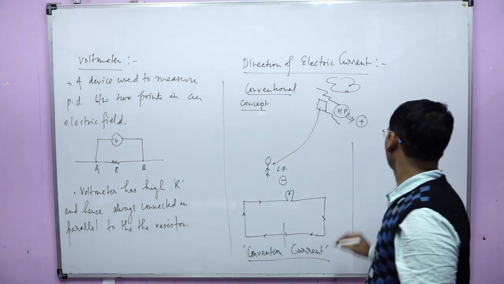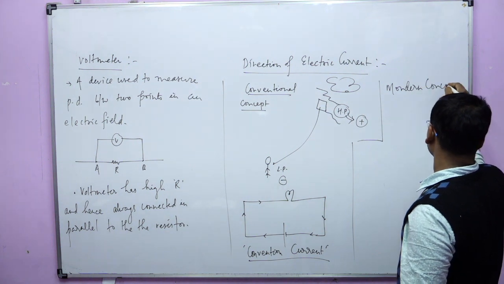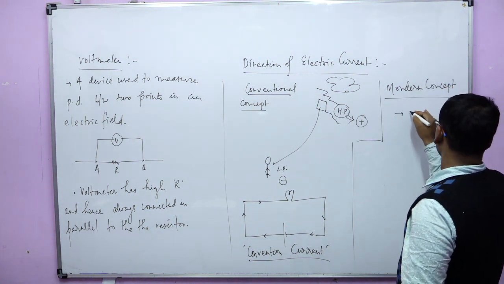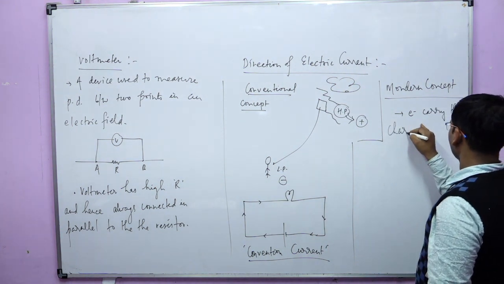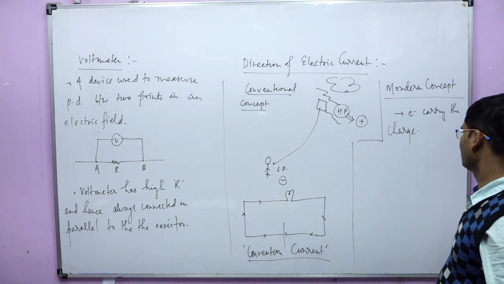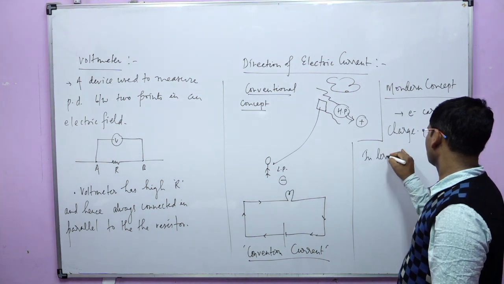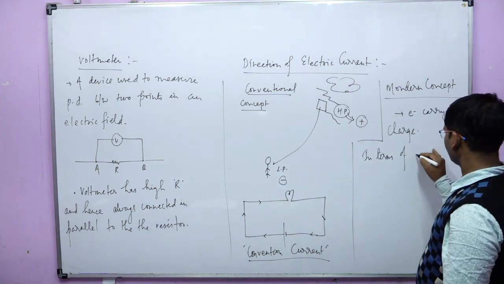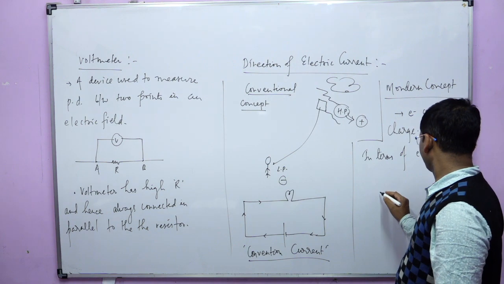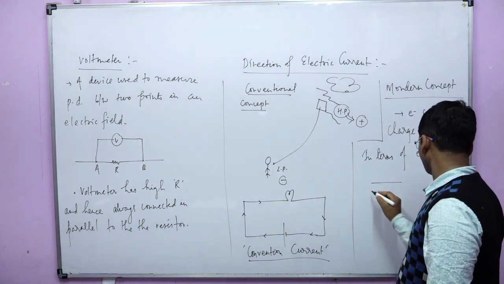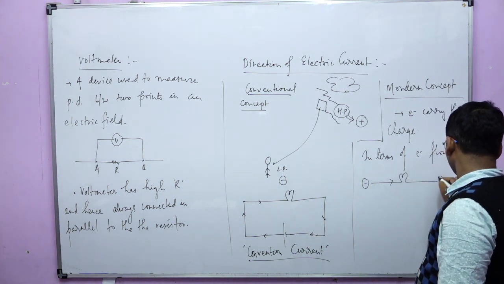Now, modern concept, what does it say? It says that electrons carry the charge. Therefore, in terms of electron flow, if you see, then I would say this is negative terminal, electrons will flow towards positive terminal.